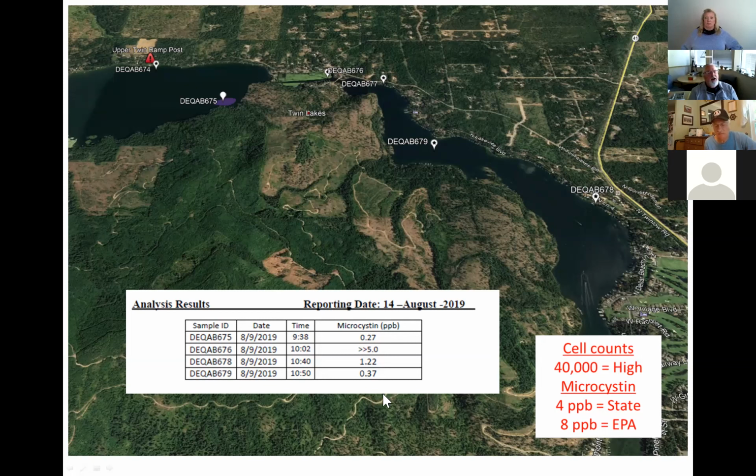On this sample we didn't order identification and enumeration. Each of these samples costs 120 to 150 bucks, and our budget goes up pretty quickly as we order them. So I think the purpose of this sampling was just to make sure that the species present were producing toxins.